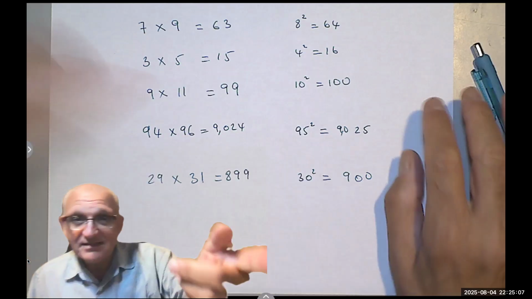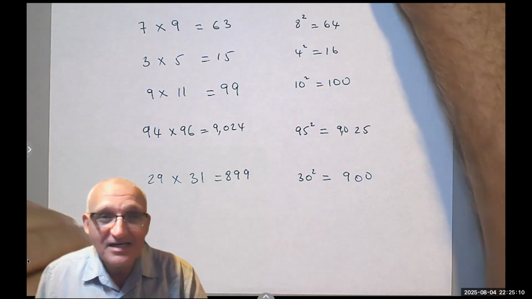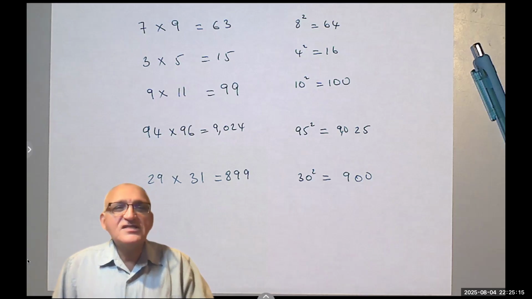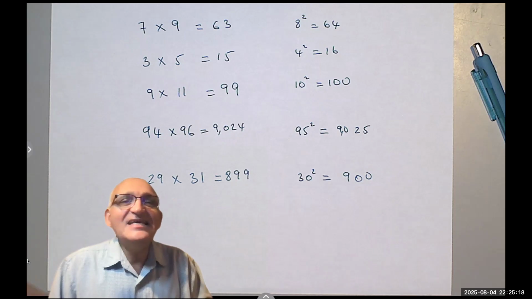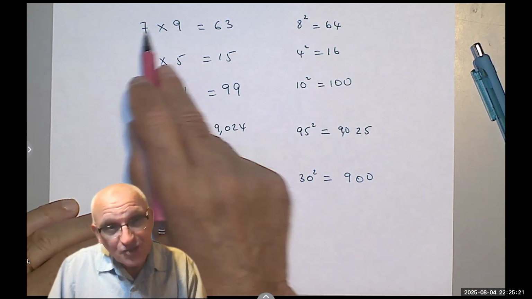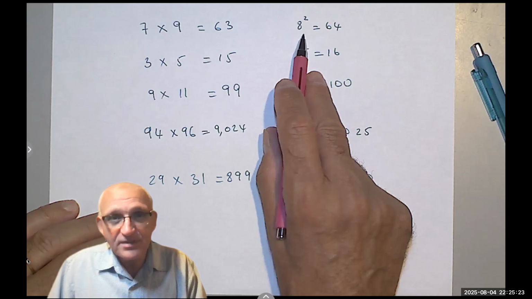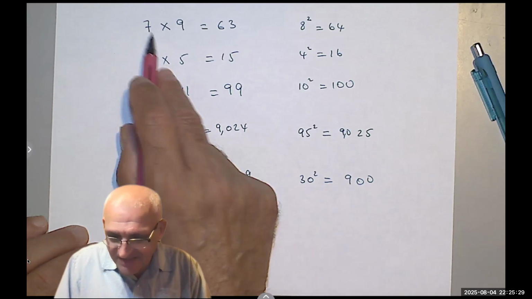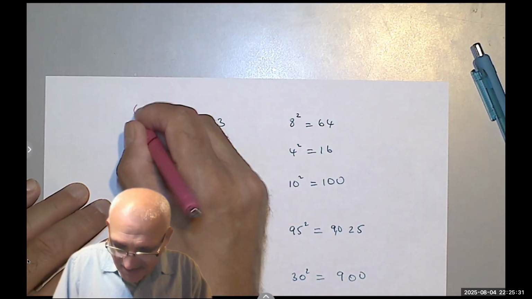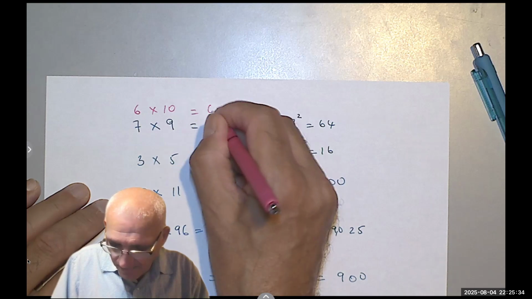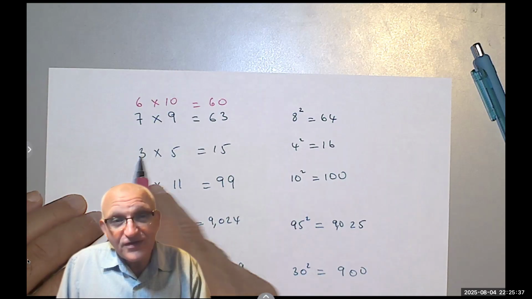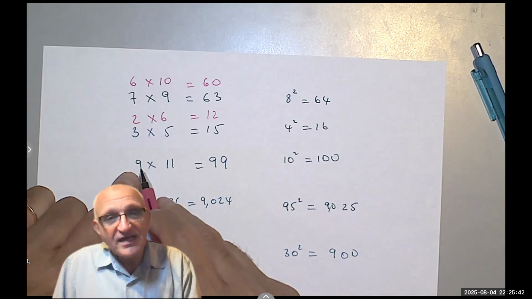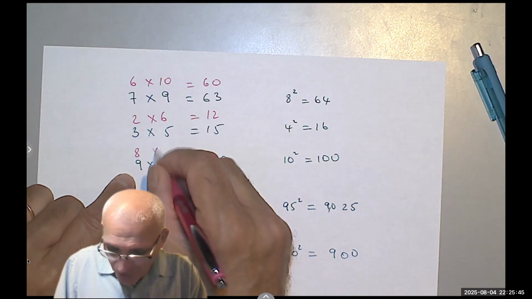Because here is the trick that those taking algebra already got. What if the difference is 4 or any even number? Here we said if the difference is 2, I take the middle number and subtract 1. So let's make the difference 4. Instead of 7 and 9, I can make it 6 and 10. Or instead of 3 and 5, I make it 2 and 6. Or instead of 9 and 11, I make it 8 and 12.